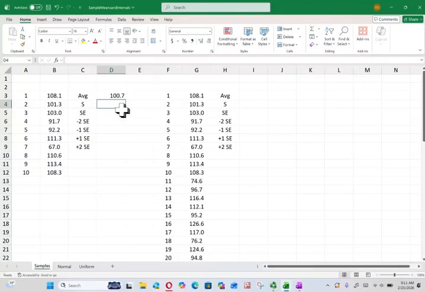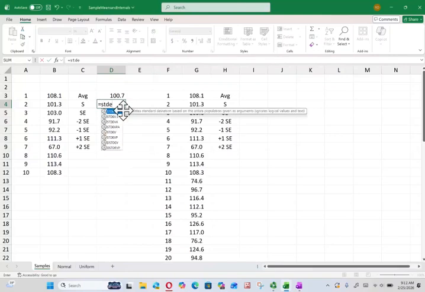All right, next thing is the standard deviation. And for this one, I'm going to use STDEV.S. In Excel, it has a .S and a .P. The P assumes that we have a population, and we don't.